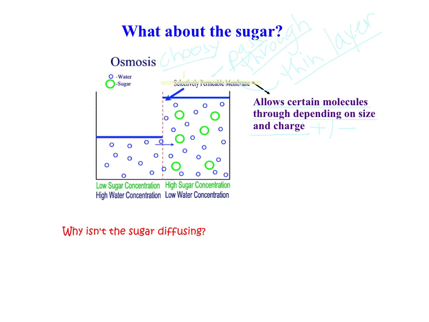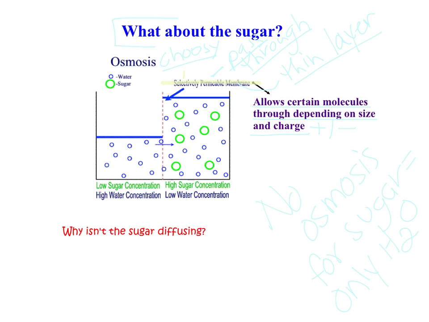So to answer our question, tell me, what do you think? Is the sugar going to do osmosis? Right there, you should definitely say, no osmosis for sugar. Why? Because only water does osmosis.